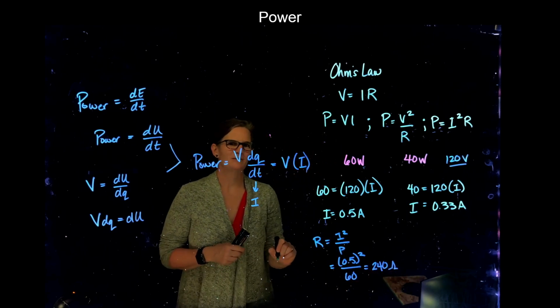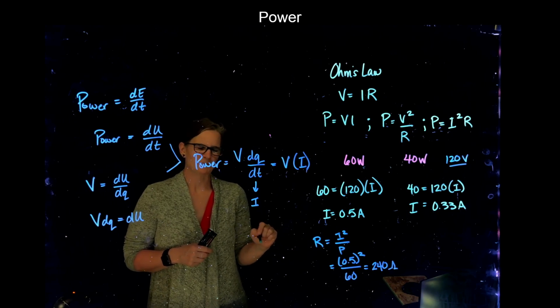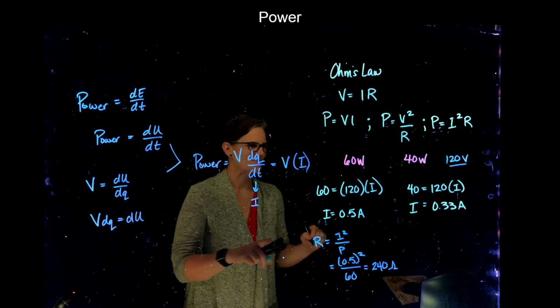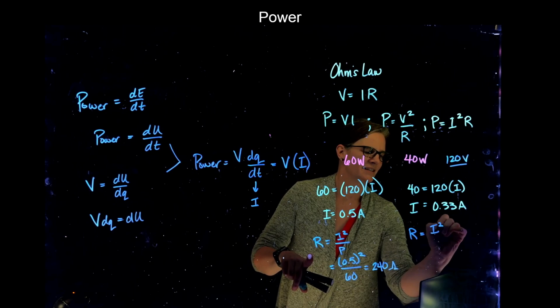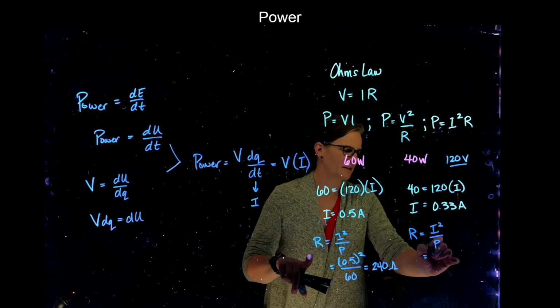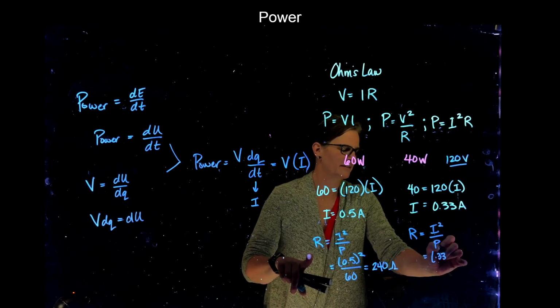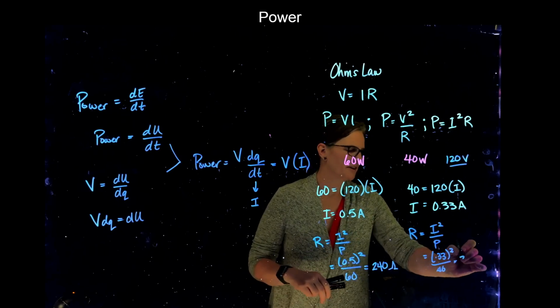Now, do you predict the 40-watt light bulb to be a higher resistance or a lower resistance? Make your prediction, and then let's check it out. All right, so the resistance of a 40-watt light bulb is the power over the current squared. So that equals 40 watts over 0.33 squared, and I get a resistance of 360 ohms.